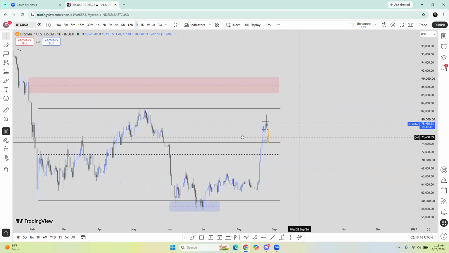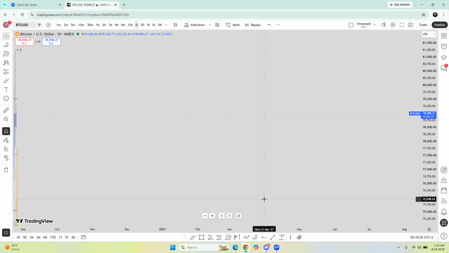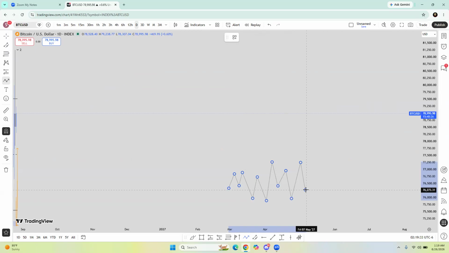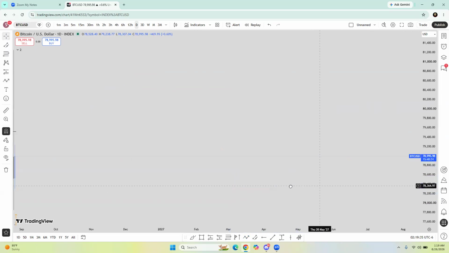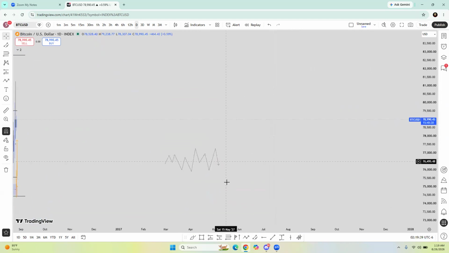This is for the learners, for those who want to learn. Whenever price is moving something like this, CTPA, CTPA, CTPA go up, CTPA, CTPA, CTPA go down, and then suddenly, where is CTPA? Here it is. And suddenly price moves quickly.